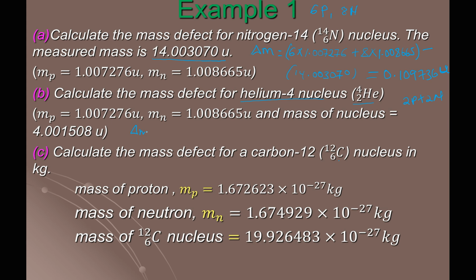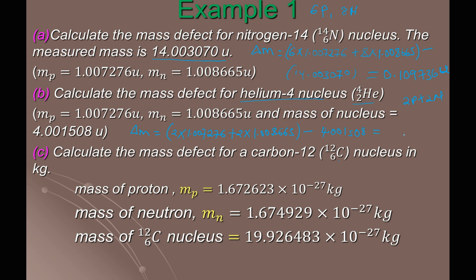So I'll simply say mass defect is equal to the total mass of the nucleons, which is 2 times the mass of 1 proton, 2 times 1.007276, plus 2 neutrons, 2 times 1.008665. This is the total mass of the nucleons minus the mass of the stable nucleus of helium, which is 4.001508.